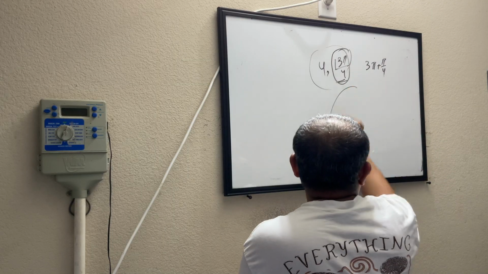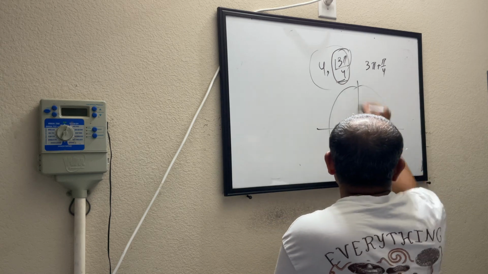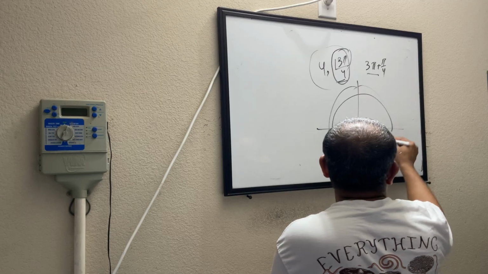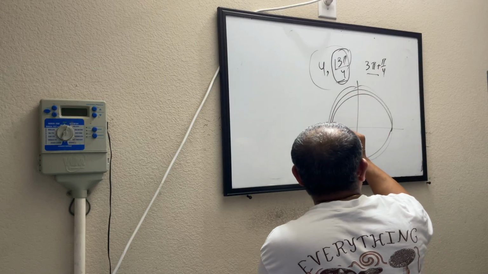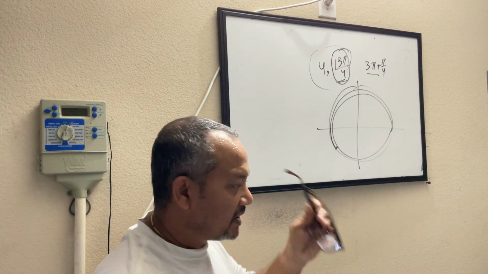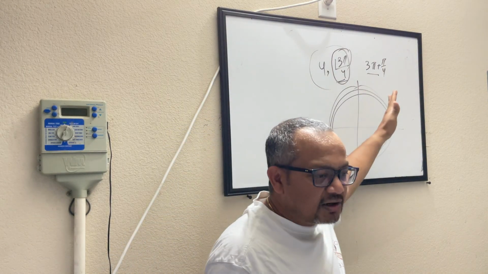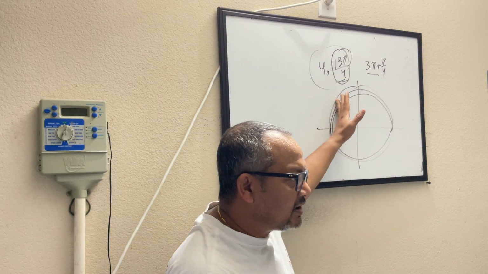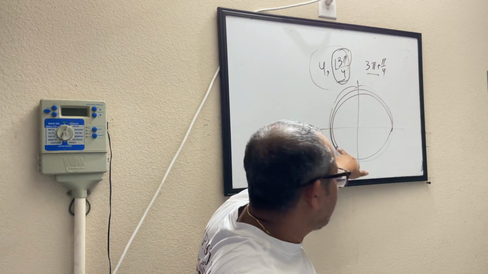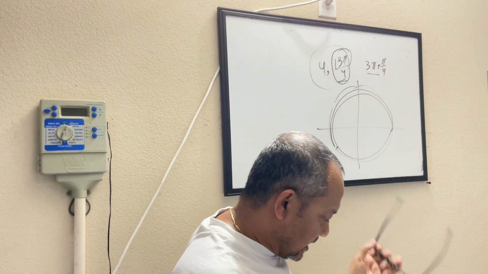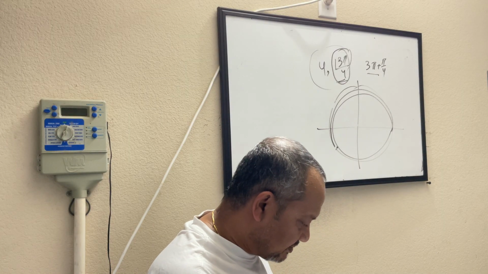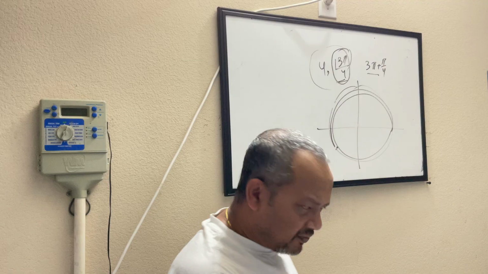That helps you locate which quadrant we are talking about. 3 pi, 1 pi, 2 pi, and the third pi. Then pi over 4. So as long as you are able to visualize this one, it will be fairly straightforward. Then you have to only look at the length and the angle. That's it.